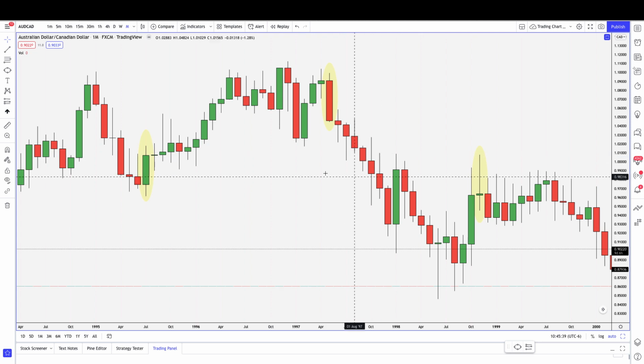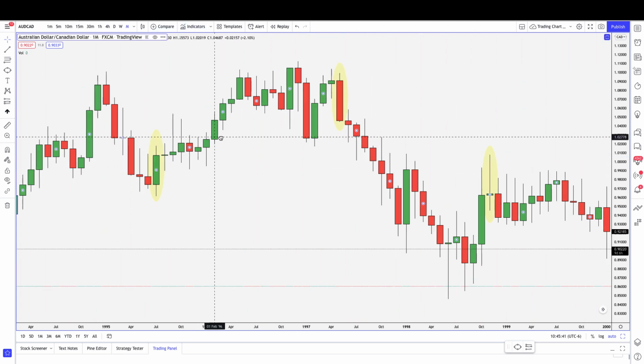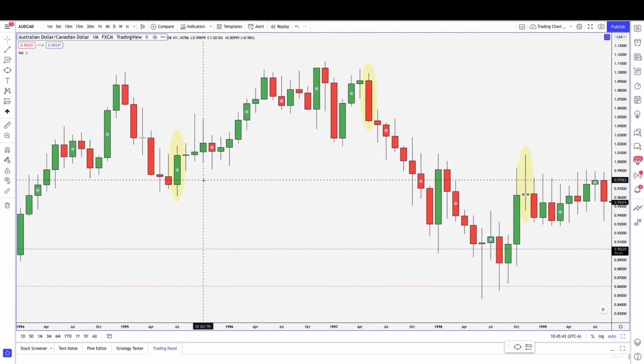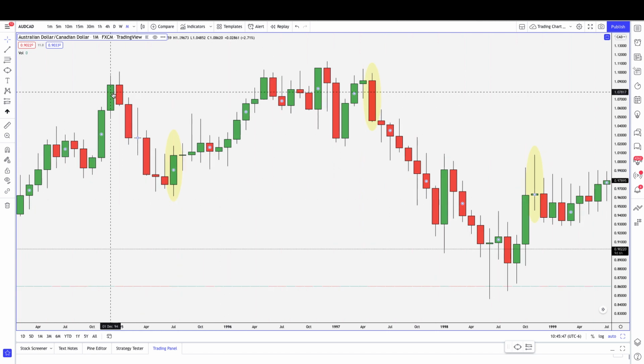So what that means is, based on looking at this chart, obviously the majority of you don't know what a candlestick is. Each one of these little patterns is a candlestick.